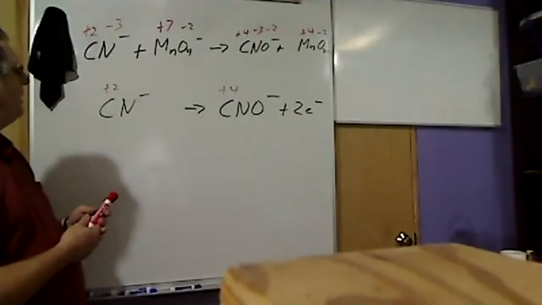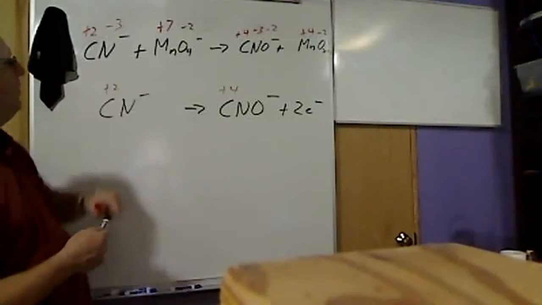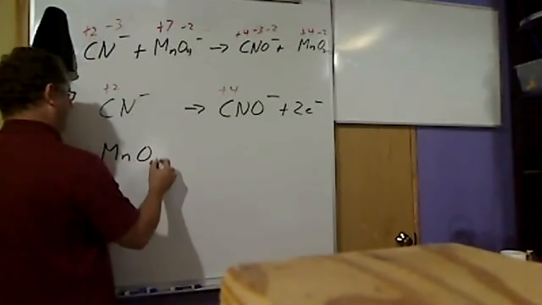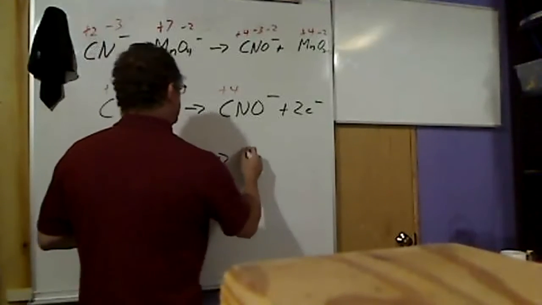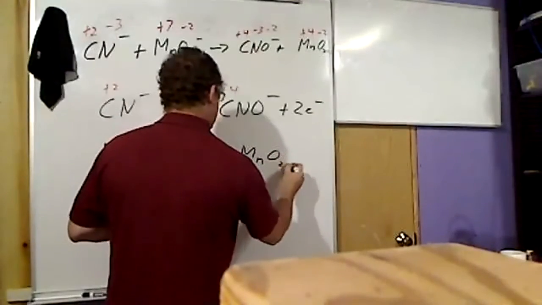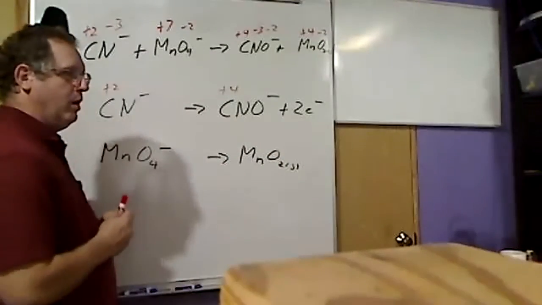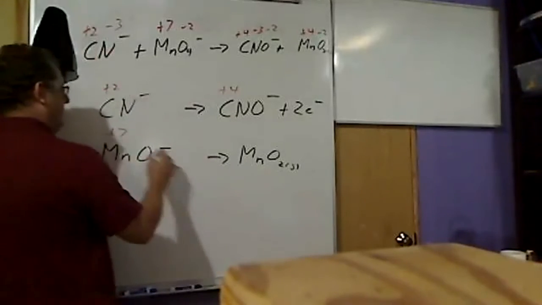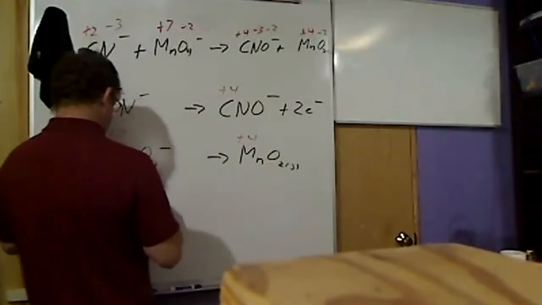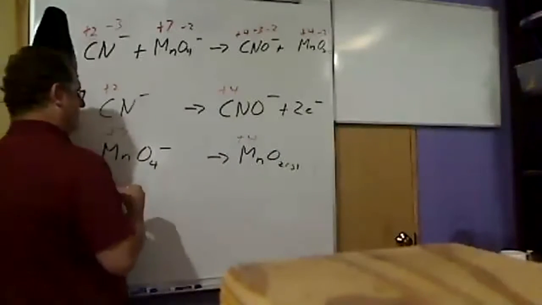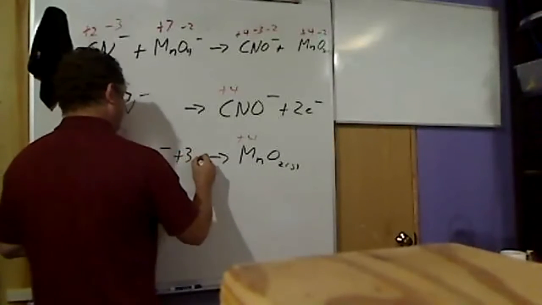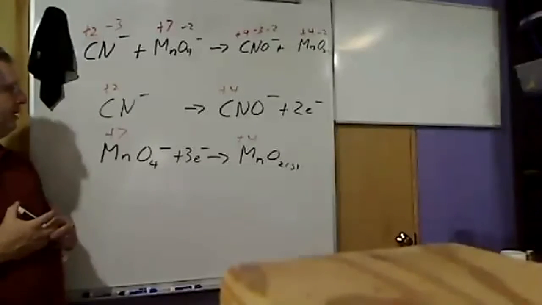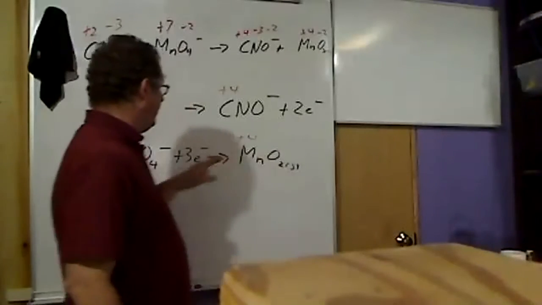So let's see here. Permanganate goes to. I have 1 manganese here, 1 manganese here. I have to go from a +7 to a +4. So I need to add 3 electrons here. Okay, simple.